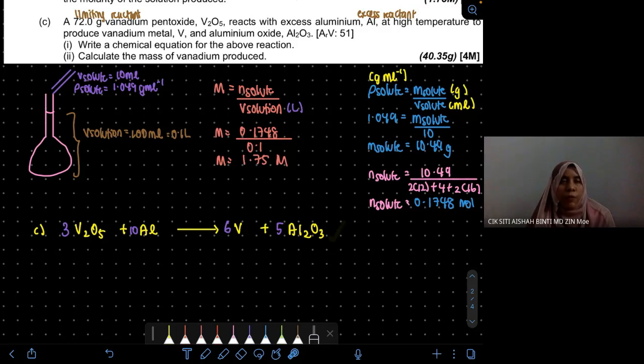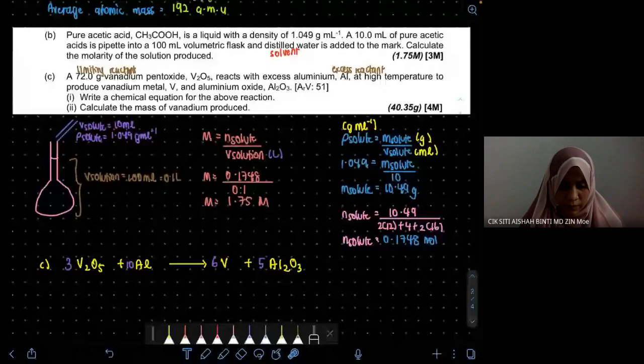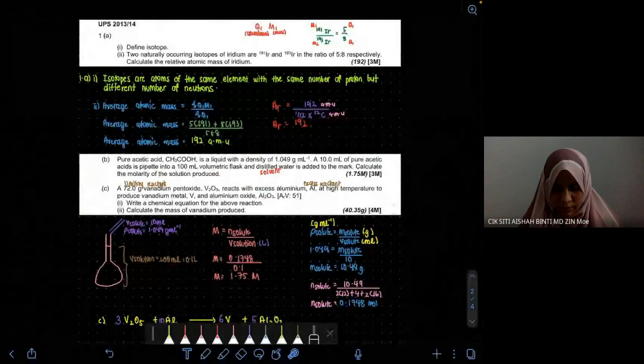Because kalau kamu dah penat-penat buat the limiting reactants and then find out the mass, tapi kalau equation salah, still salah juga. Okay, so that's for question C.